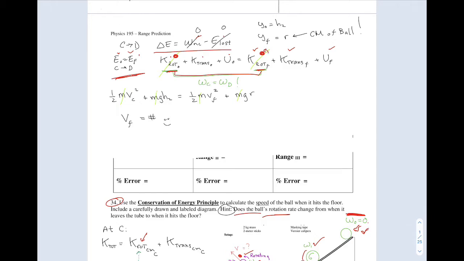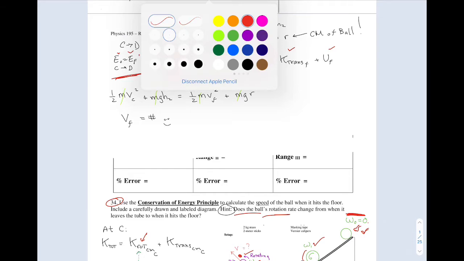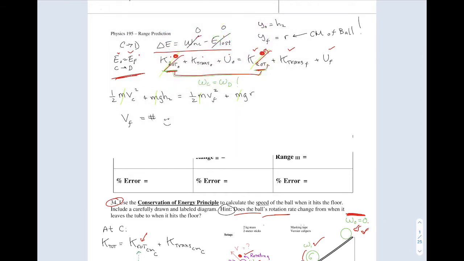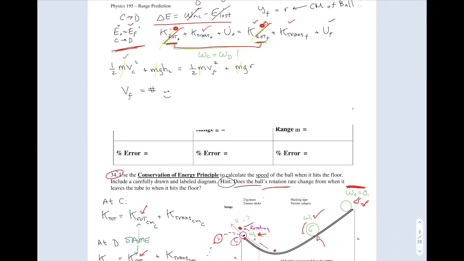That spin rate doesn't change, and we're going to see in a little bit that it's the spin rate that dictates the rotational kinetic energy. So those cancel. And then all I have left is that term, which is our 1/2 mv squared, at point C, where it leaves the tube.